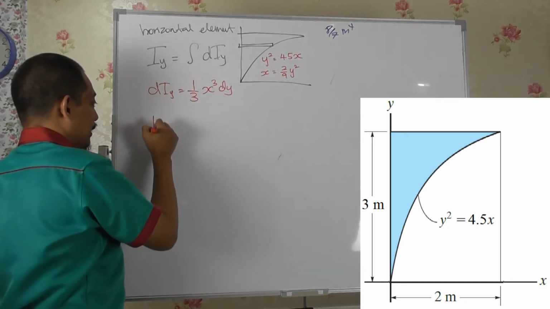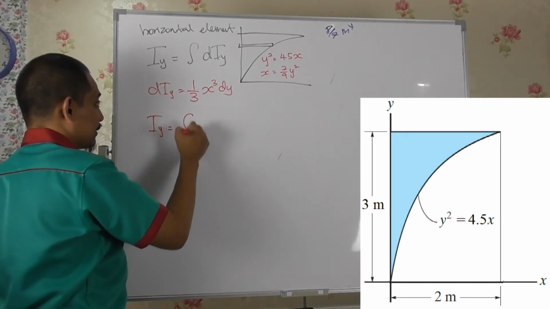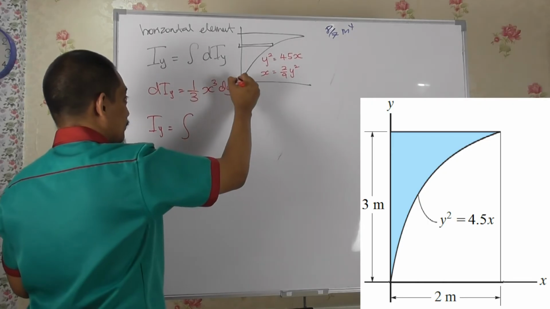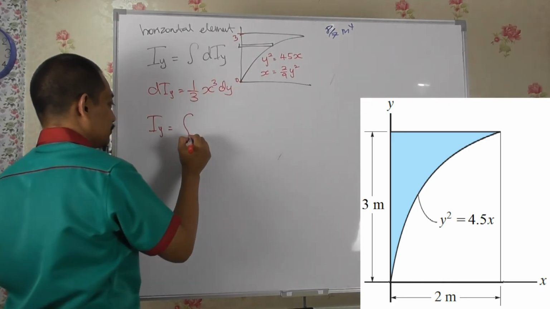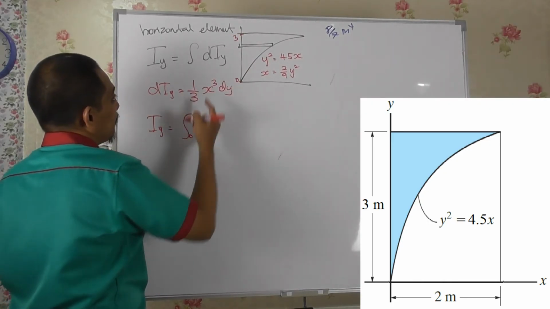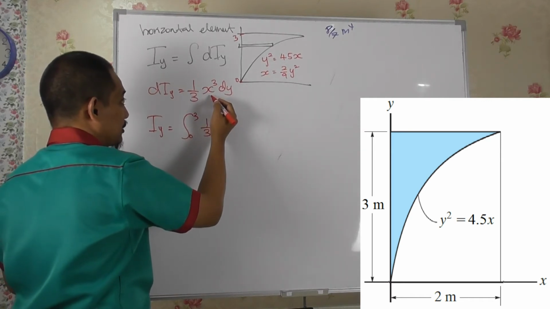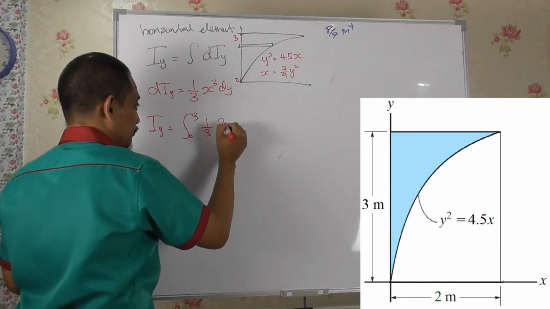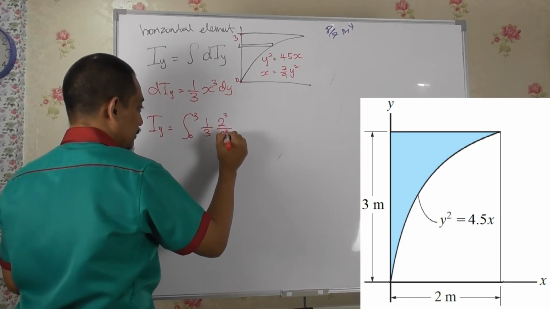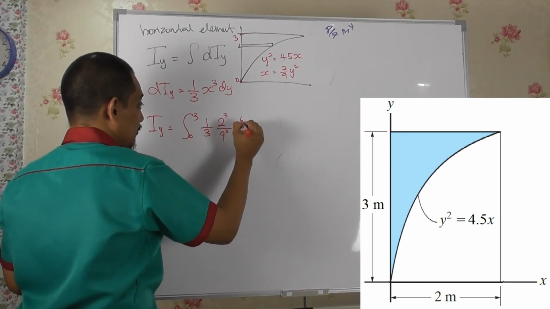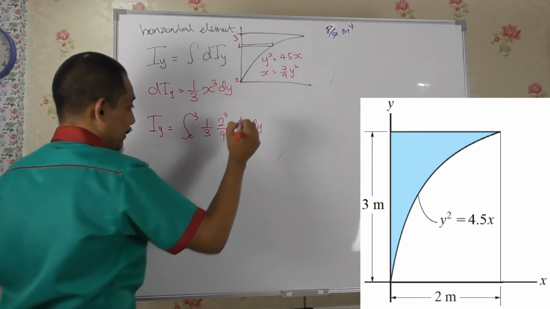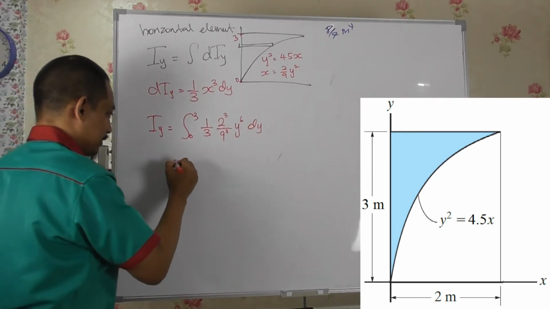So Iy is basically integration. In this case, the limit is from 0 to 3. Plug in this one here, 1 over 3. So we have to have x cube, so this whole thing cubed. So you have 2 cubed over 9 cubed, and then y to the power of 6 dy. So straight away integration.